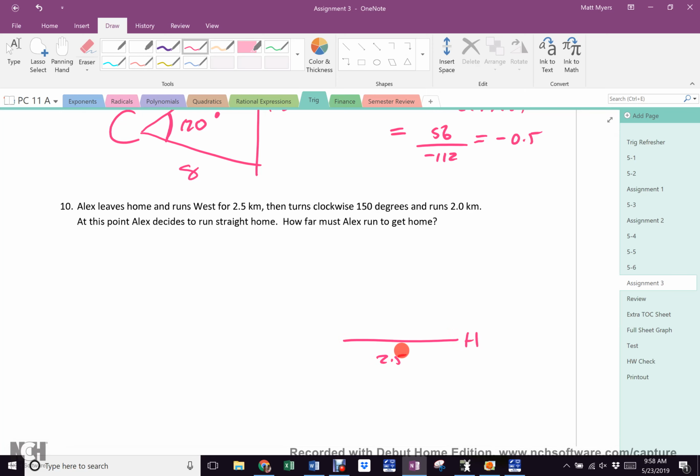If this line carried on, I turned 150 degrees. So what is this angle? 30. Because I didn't do a 180, I went 150. Then I run 2K. Then I run straight home. How far must Alex run? There's my X.